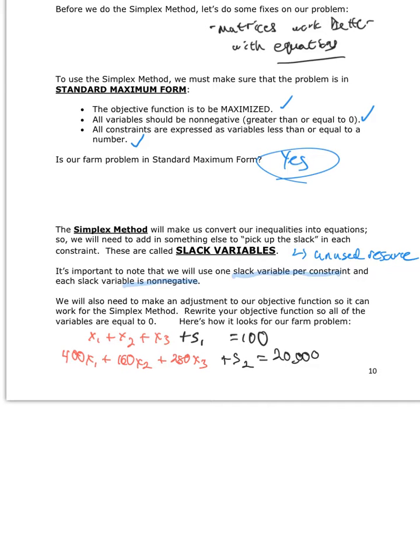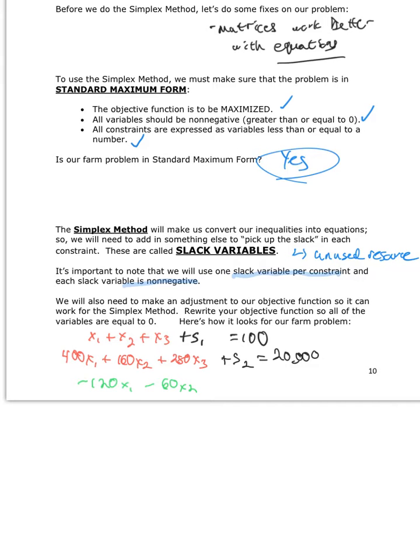Okay, now I need to do something with my objective function too. I need to get it so all the variables are equal to 0. And the easy way to do that is going to be to take all of our objective function's variables and move them left with the z. So if I move all those variables over on my objective function, it becomes negative 120 x1 minus 60 x2.